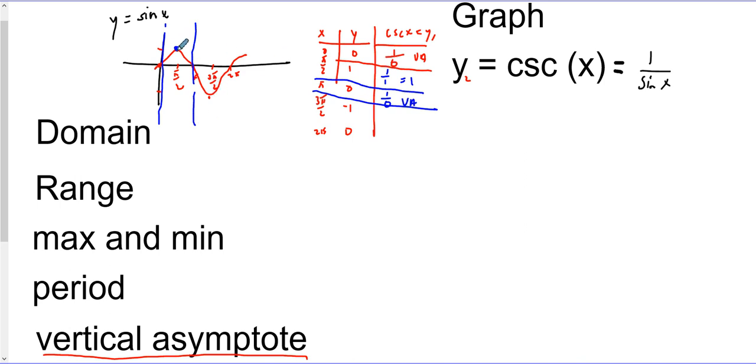Now, on this part, what happens when you approach a vertical asymptote? Well, it either goes up or down. Well, for this cosecant graph, in the first quadrant from 0 to pi over 2, all the values are positive. So that means we have a positive value. It's going to go up and approach this vertical asymptote at 0.